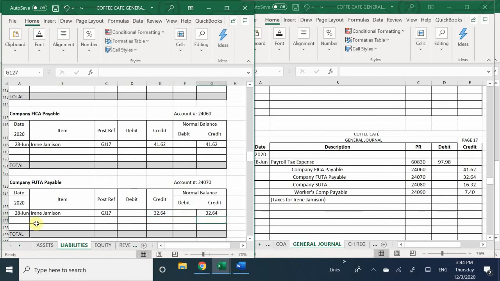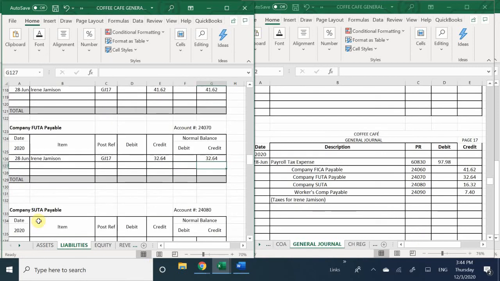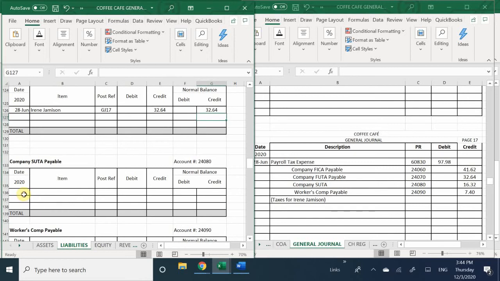And then the SUTA right below that, 628. Jameson, General Journal 17. This one under the credit is going to be the $16.32.